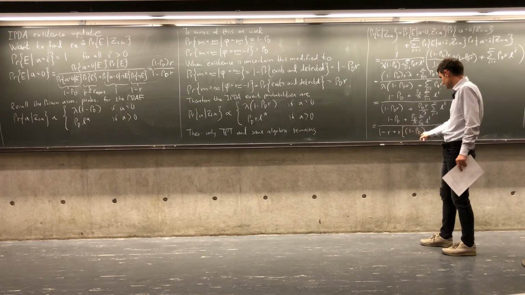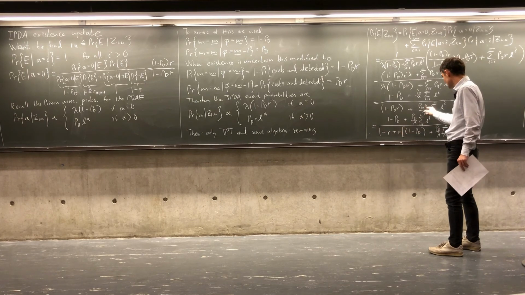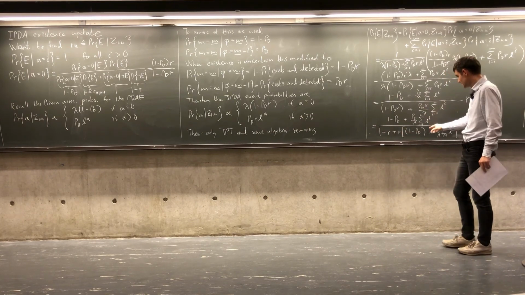And then I have R and minus PD, which is this thing. Then of course I also have an R in this, multiplied by this sum, which is this R.